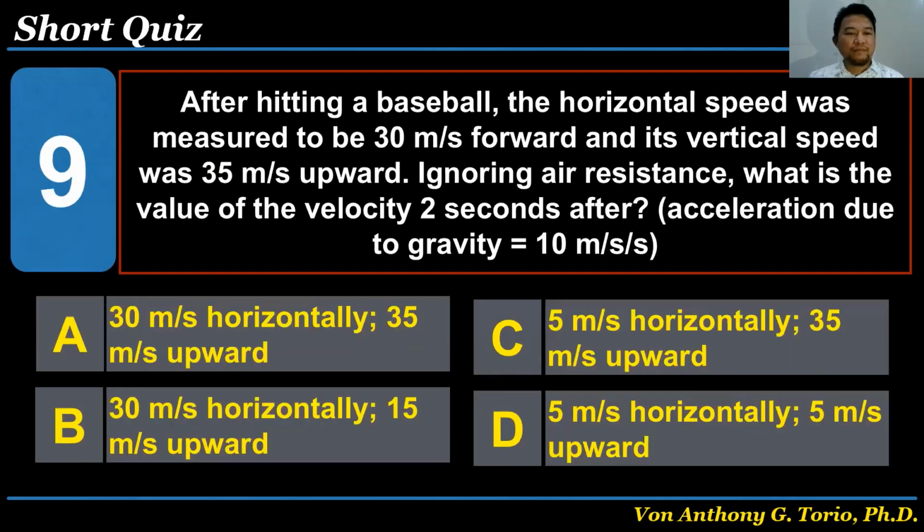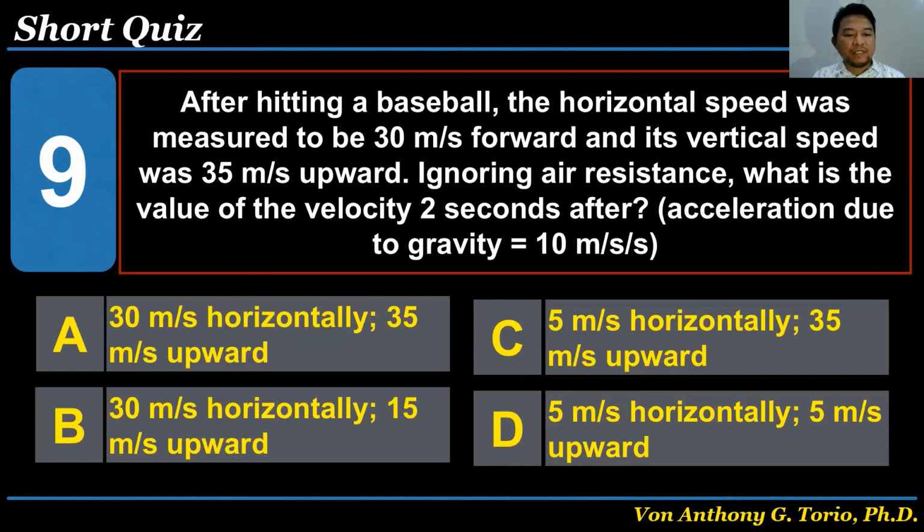Item number 9. After hitting a ball or baseball, the horizontal speed was measured to be 30 meters per second forward and its vertical speed was 35 meters per second upward. Ignoring air resistance, what is the value of the velocity 2 seconds after? Consider that the acceleration due to gravity is 10 meters per second squared.